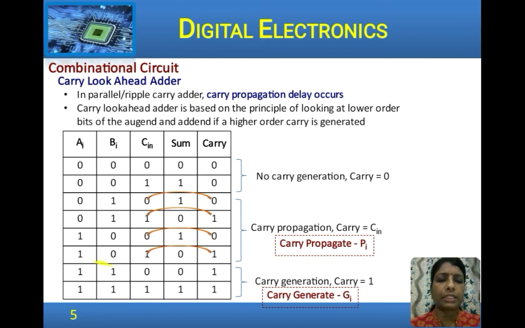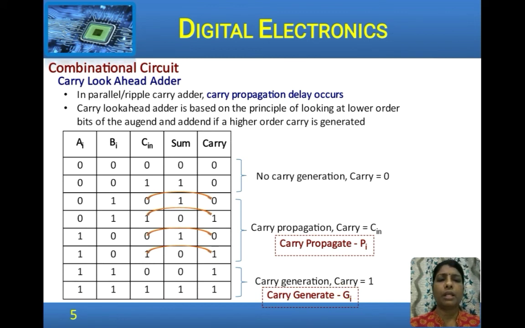And in the next combination, when both inputs A and B are 1, irrespective of the value of carry in, whether it is 0 or 1, carry output is generated. That is, when both A and B inputs are 1, a carry is generated irrespective of the value of carry in. That is called carry generation, or carry is 1, and the symbol is Gi.